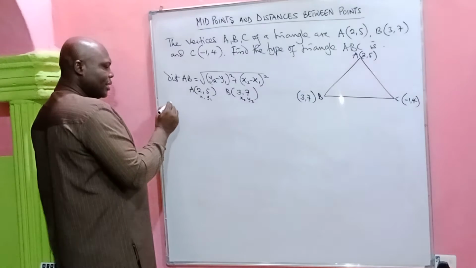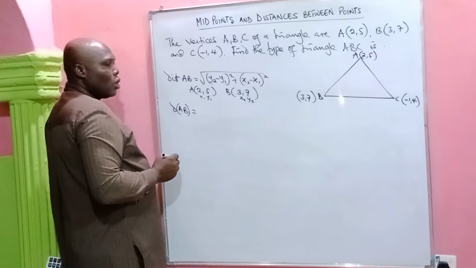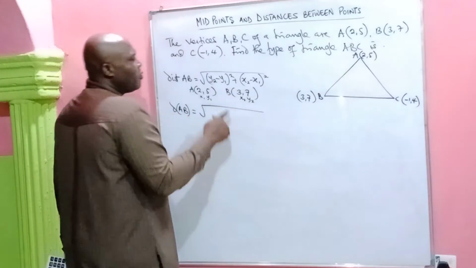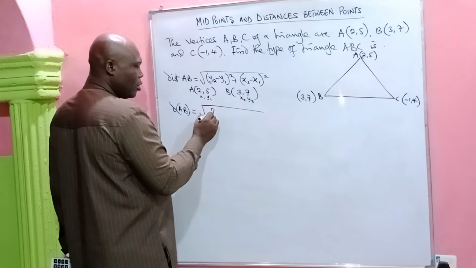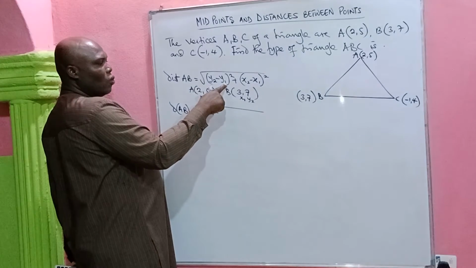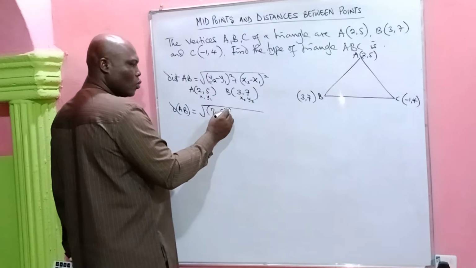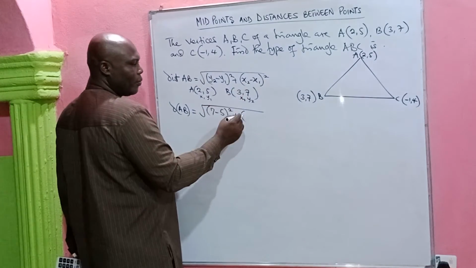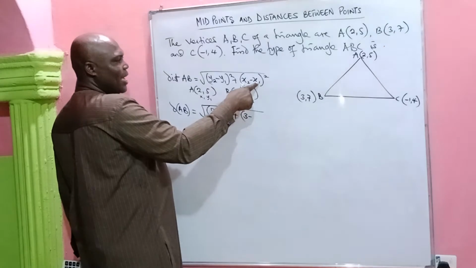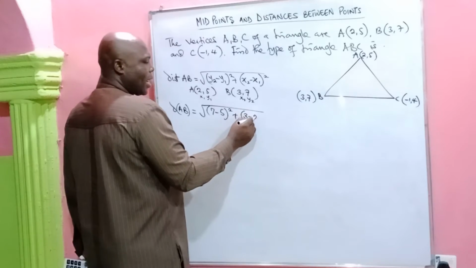So we need the distance from A to B, which is the square root of y2 minus y1. What is y2? 7. Minus y1. What is y1? 5. All squared plus x2, which is 3, minus x1, which is 2. Are you watching? All right, all squared.